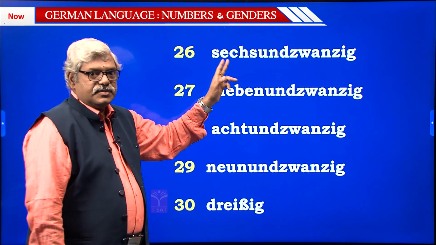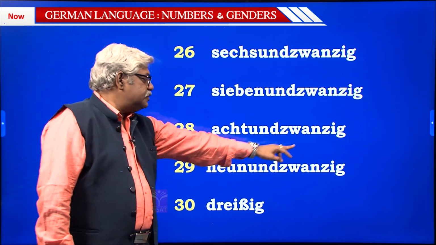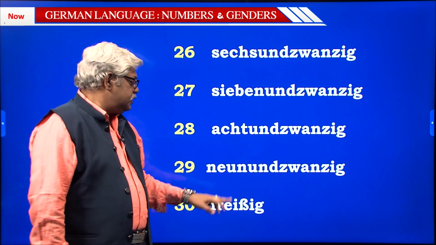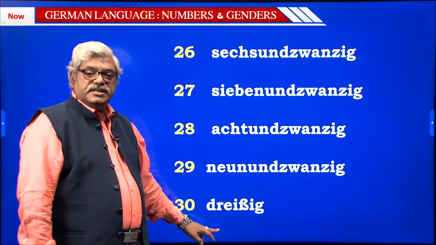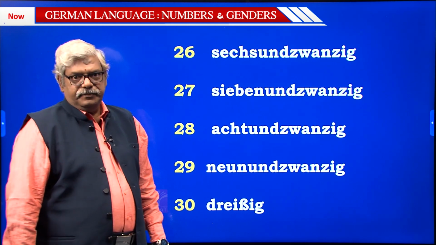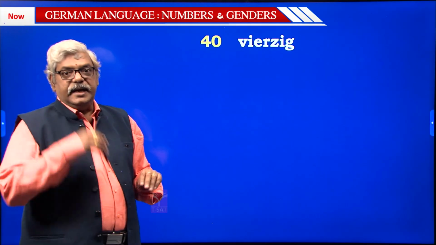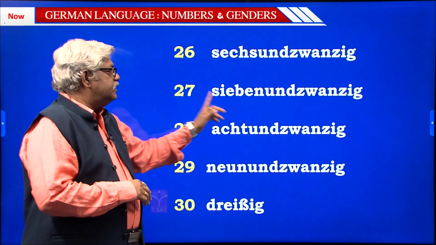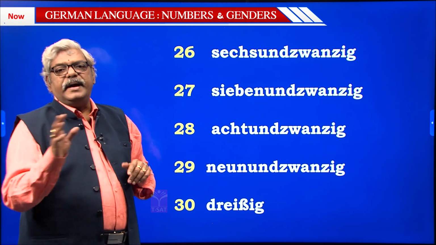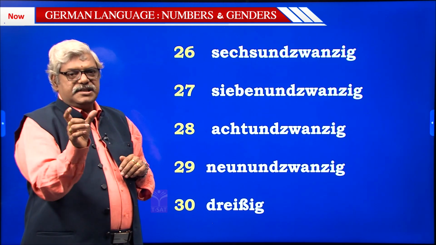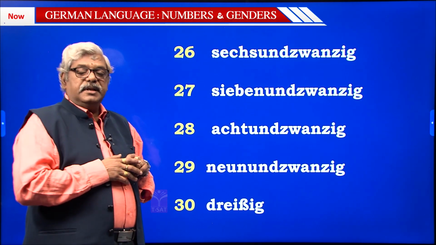Let us see once again all of them. Now before we go to 40, how to write 31 and all, I will not show you that, I will only say it orally. So how did we write 21 or 26, etc.? The same pattern. Instead of the word for twenty, you have the word for thirty over there. So what will be 31?